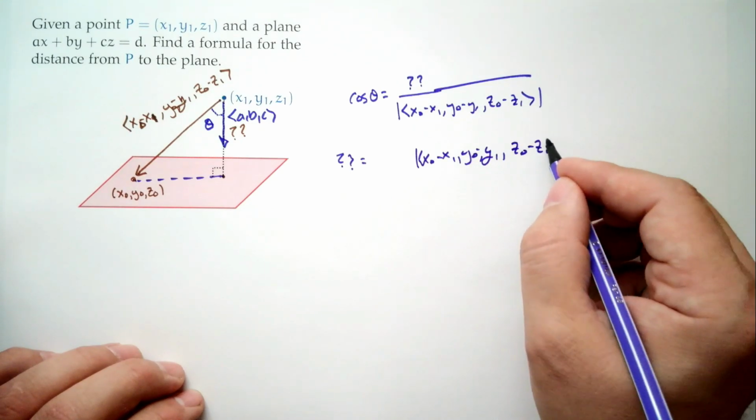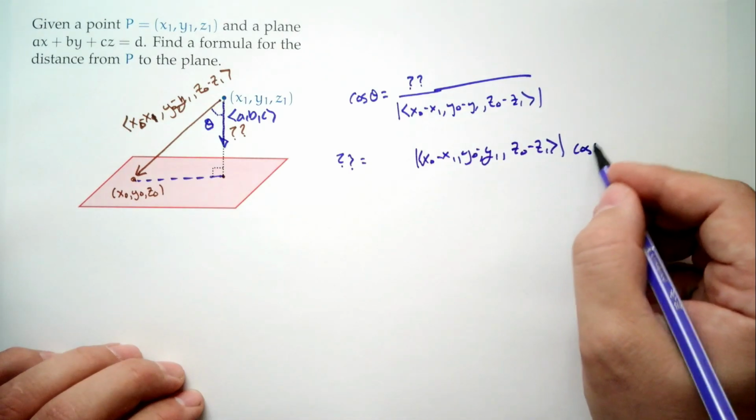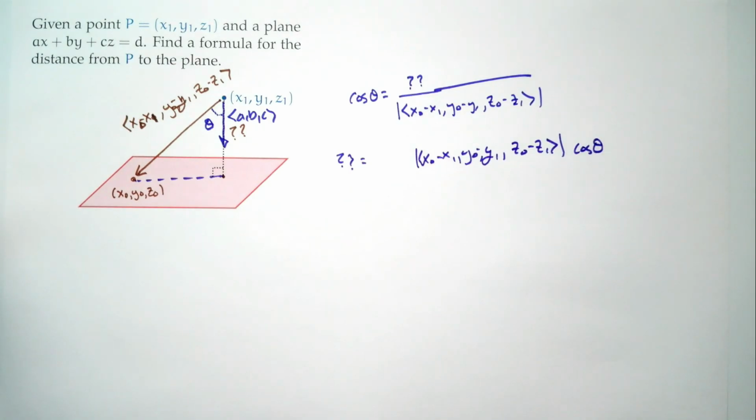Now, the question is, can we write this in a better way? Well, is there something that relates vectors and the cosine of an angle? Now, dot is something we should remember. The dot product relates vectors and cosines of angles.